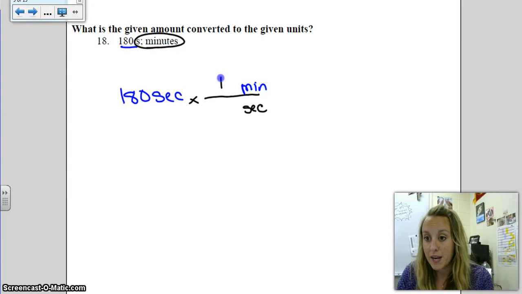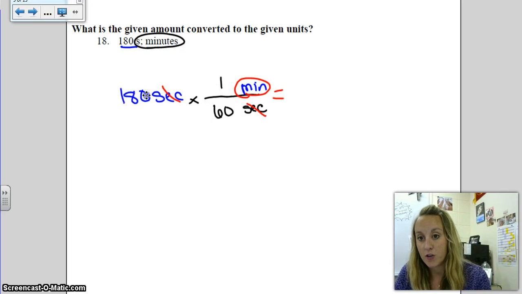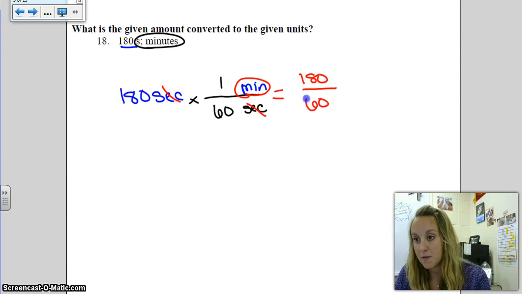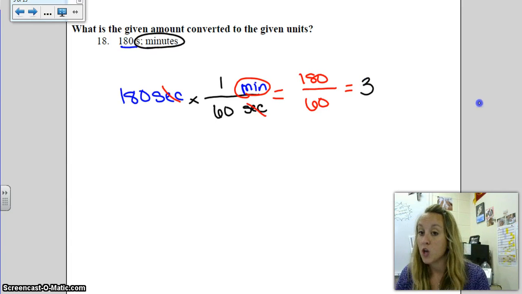So there's 1 minute in 60 seconds. So I can cancel out the labels of seconds. I'm left with minutes, which is exactly what I wanted. Then I take 180 times 1, which is 180, divided by 60. You just do the math and you come up with 3. Don't forget the label. You can go back and see what you circled, and that was 3 minutes.